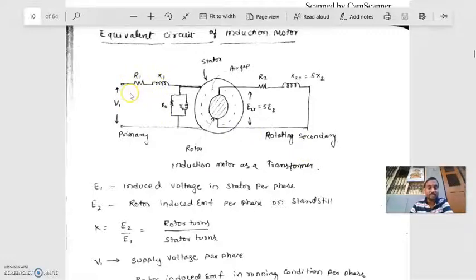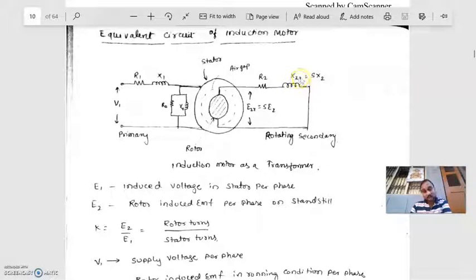The primary winding, or stator winding, is represented by two terms: resistance and reactance of the winding. R1 is the resistance of the primary winding, and X1 is the reactance of the primary winding. Similarly, R2 is the resistance of the secondary winding, that is the rotor winding, and X2 is the reactance of the secondary winding, that is the rotor under standstill condition.